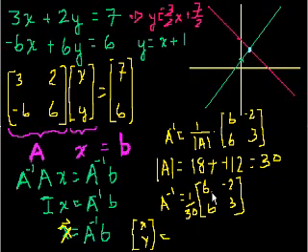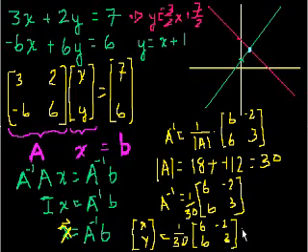It's equal to A inverse times this. So it's 1 over 30. I didn't multiply this out, so I didn't divide everything by 30, just so the matrix multiplication is a little easier. Minus 2, 3 times 7, 6. 7 and 6.